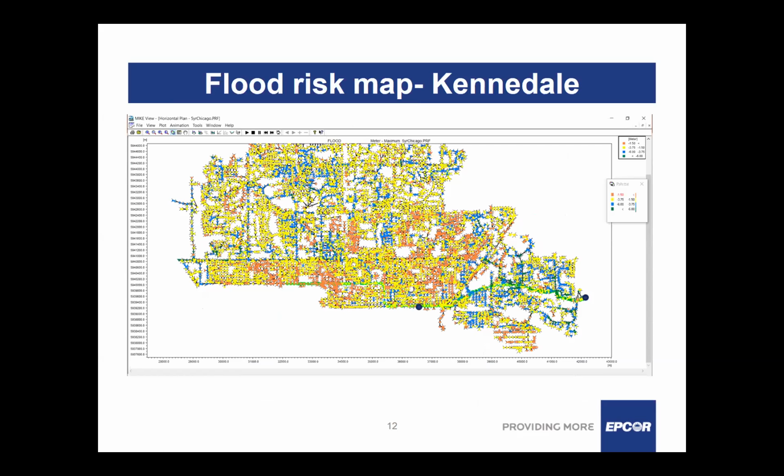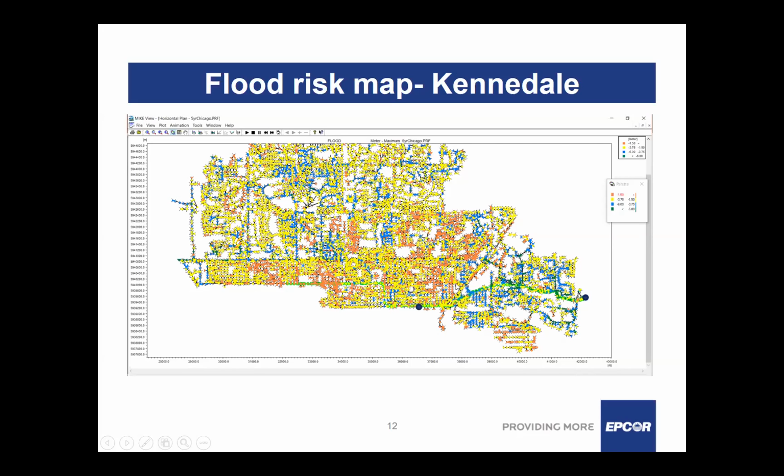Again, this is a typical representation of the results. The flooding, or risk of flooding, is shown in red. And in the next slide, I've plotted a hydraulic grade line to show how the system looks from the model.